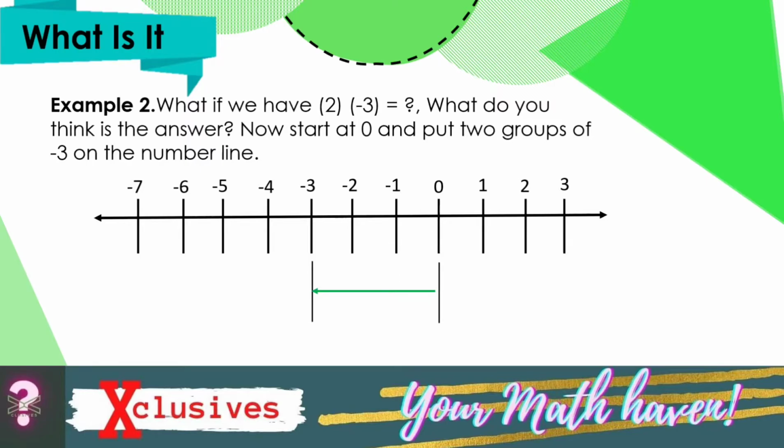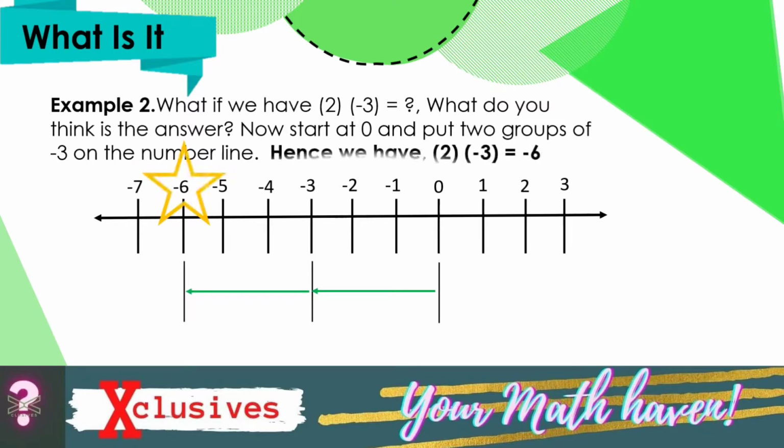That's from negative 3 to negative 6. So, we stop at negative 6. So, 2 times negative 3 is just like negative 3 plus negative 3. The answer is negative 6.